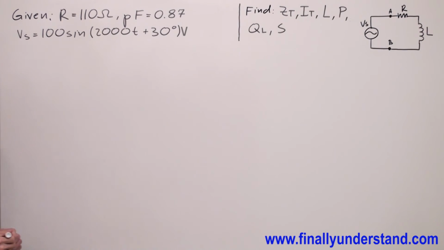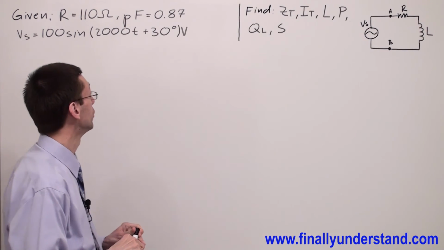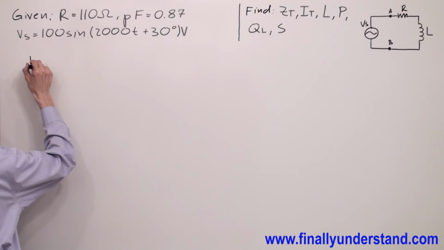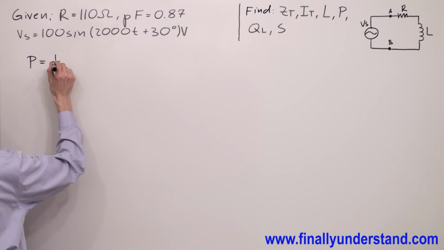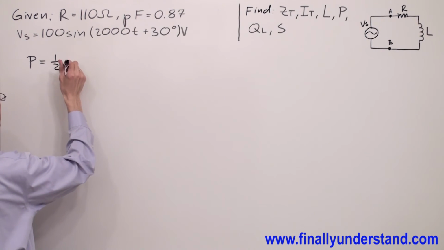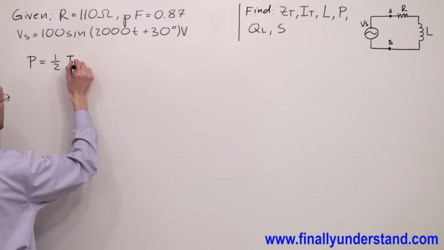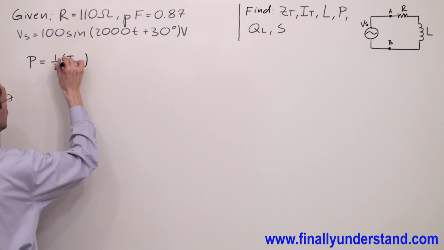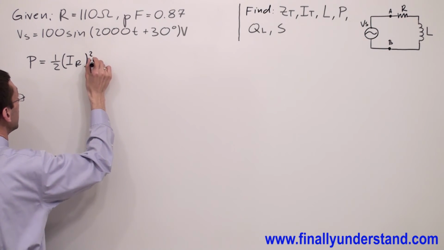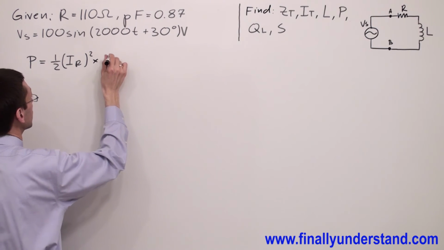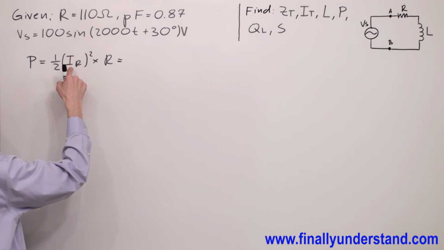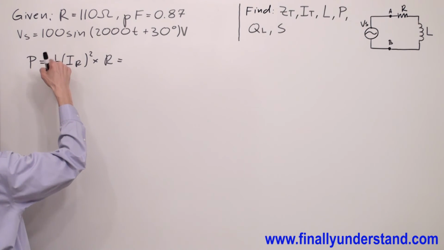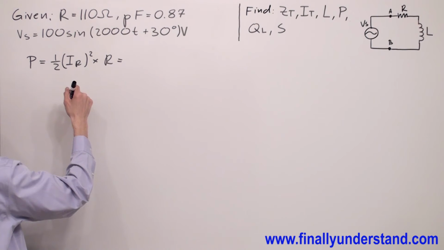True power we are going to find by using the formula P is equal 1/2 IR squared times resistance. Why 1/2? Because I found before the peak current by dividing voltage peak by the total impedance.